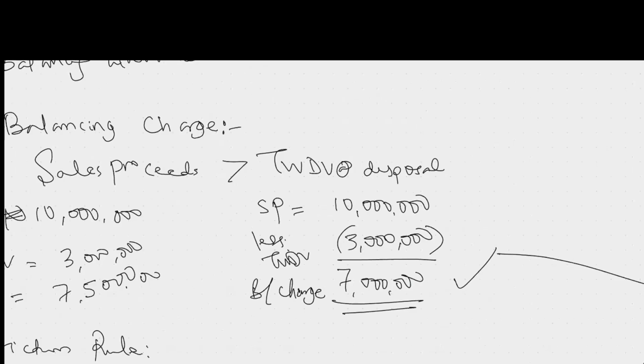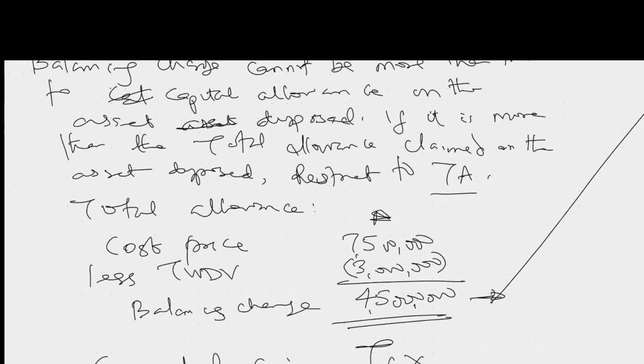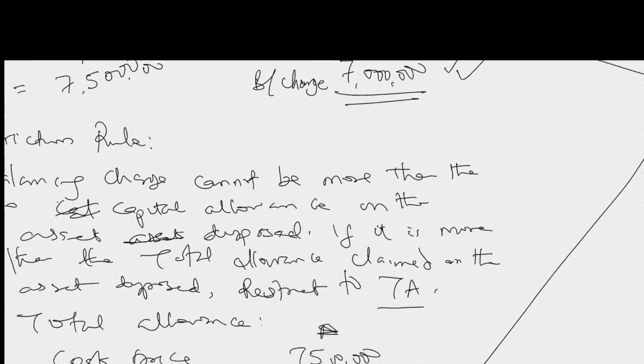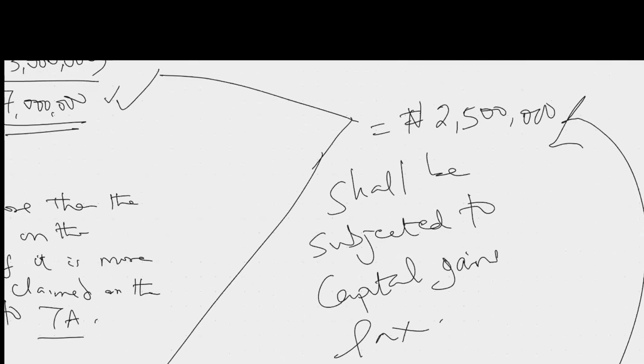We said you cannot charge tax on 7 million. You have to restrict it to the total allowance claimed on the asset, which is 4.5. What would happen to the excess of 7 million over 4.5? That will be subjected to capital gains tax.